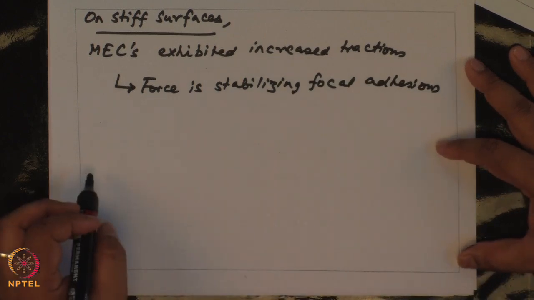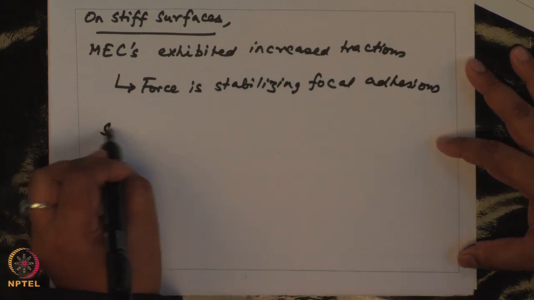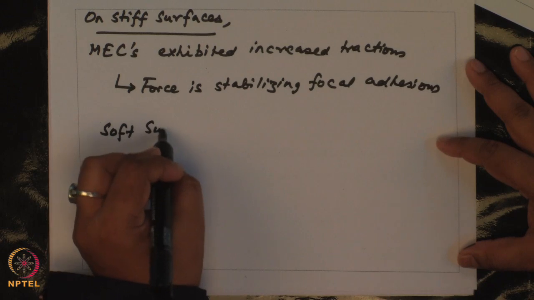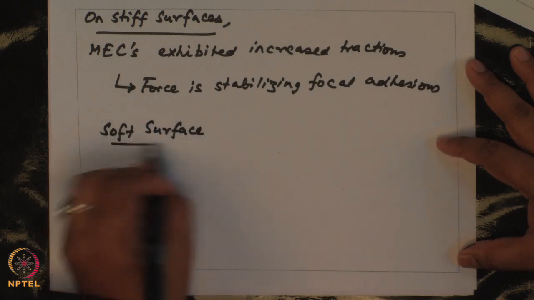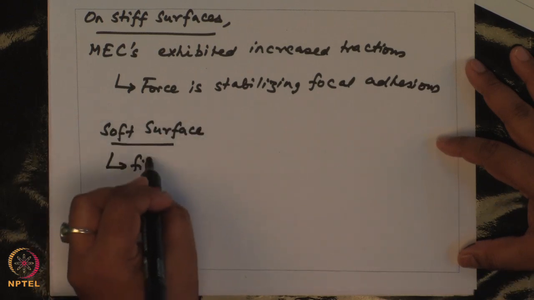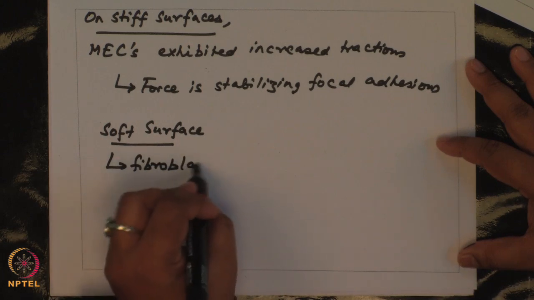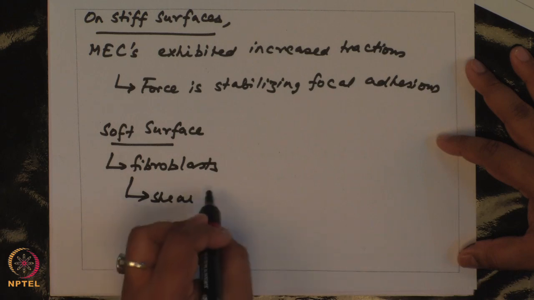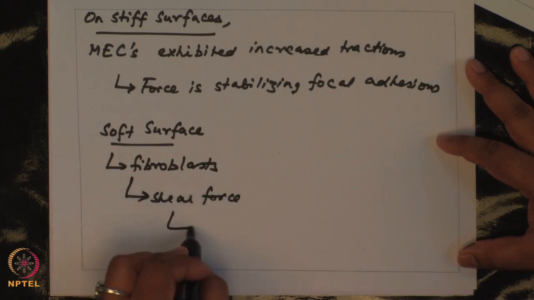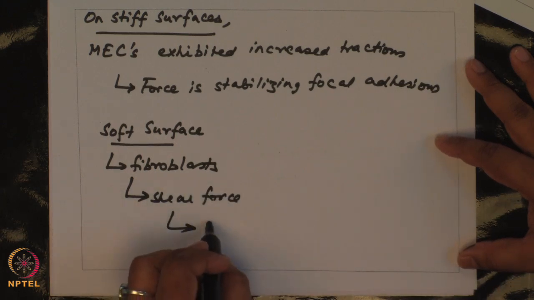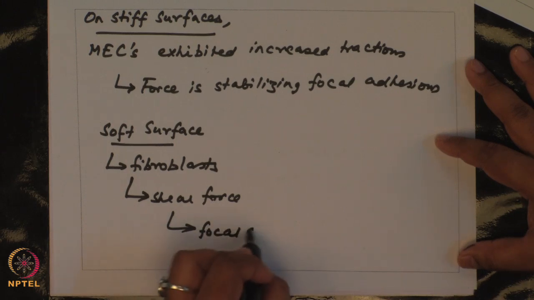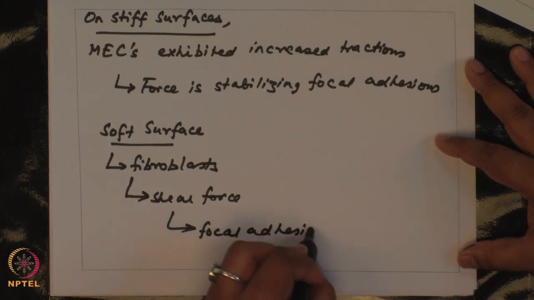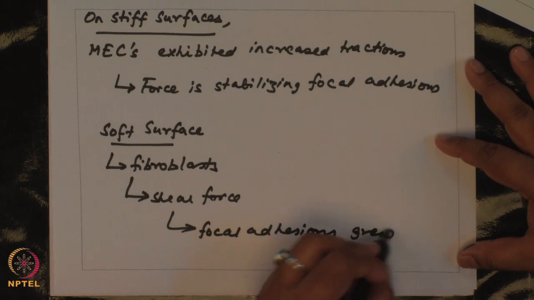They did some other experiments in which they took fibroblasts on a soft surface and exerted shear force, and showed that on the soft surface also the focal adhesions grew.